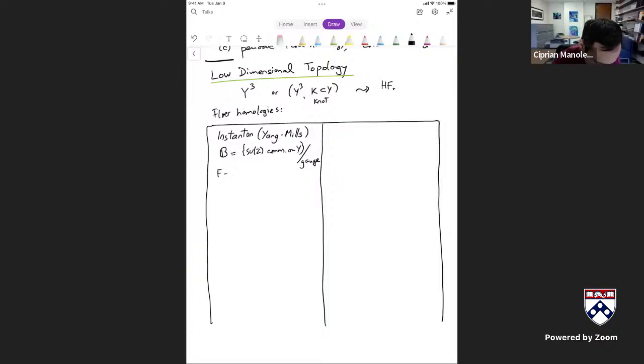And F is the Chern-Simons functional. So, your favorite normalization, then the trace of A wedge dA plus 2/3 A wedge A wedge A.